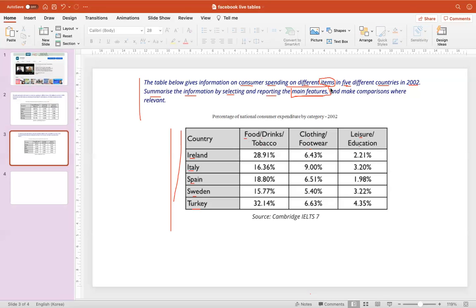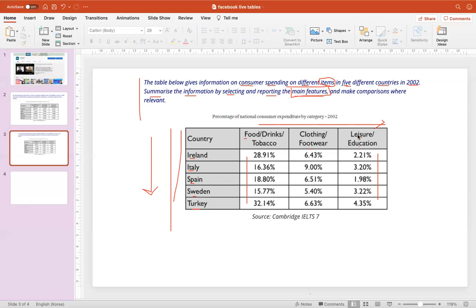So along this side are the items, and down this side are the countries. Yeah. So it's pretty simple. And in the middle are the numbers, the percentages. So we're talking about consumer spending. How much do people in these countries spend on these items?